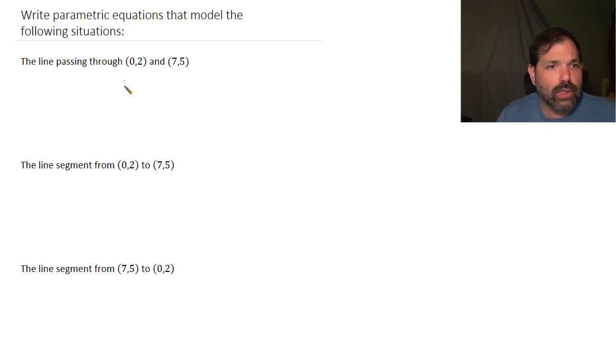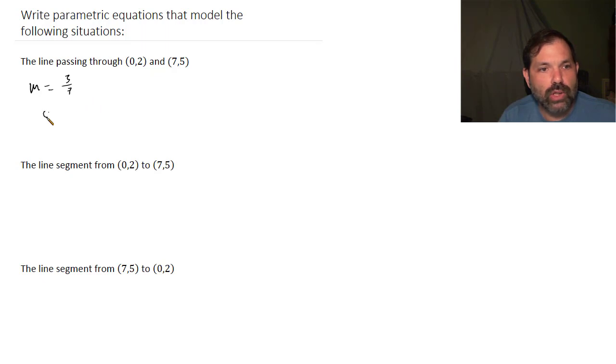For example, suppose we had the line passing through (0, 2) and (7, 5). If we can write the equation of this line, then it's relatively easy to change it to a parametric form. So m is equal to 3/7, and we have the point (0, 2).